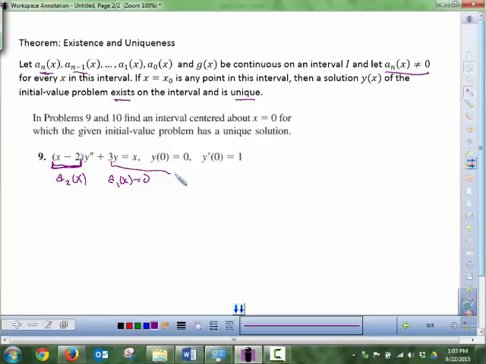And this is a0. And then this last one is what they refer to as g. And there's 0 times y prime here, which is why a1 is 0.